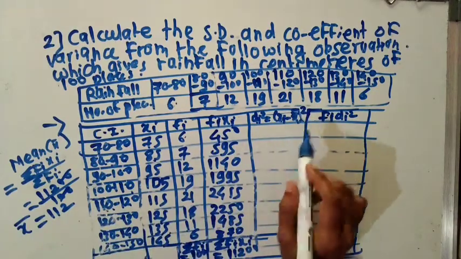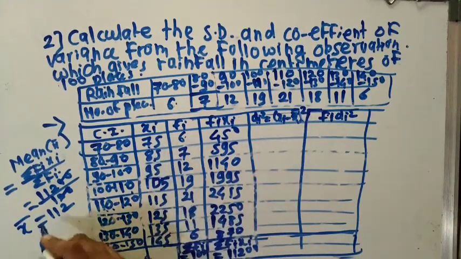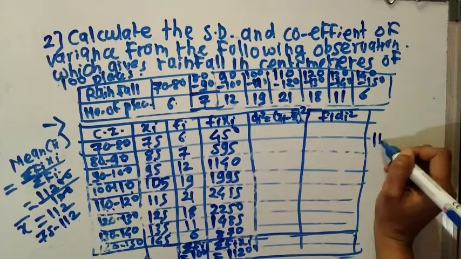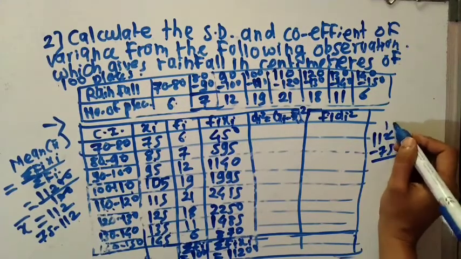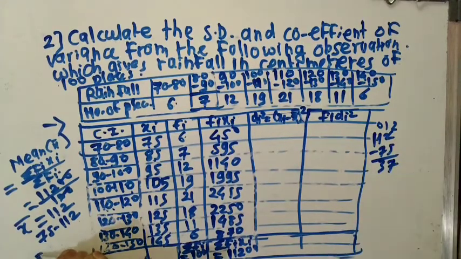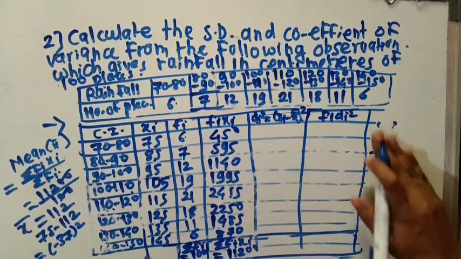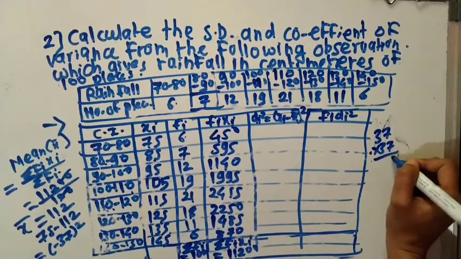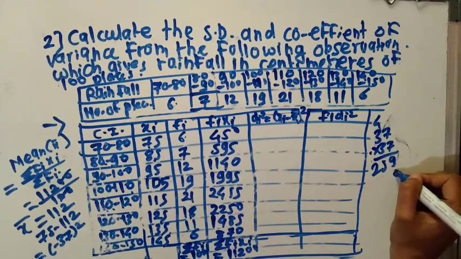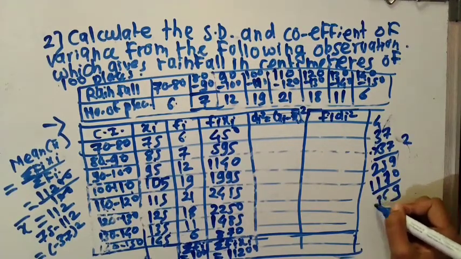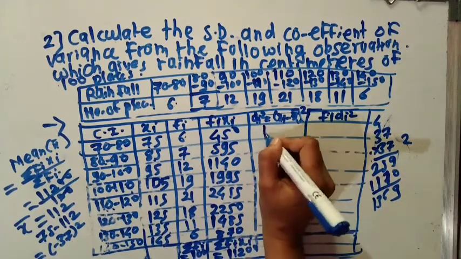Then find out xi minus x bar. This xi column: 75 minus 112 is minus 37, and 37 square is 1369.